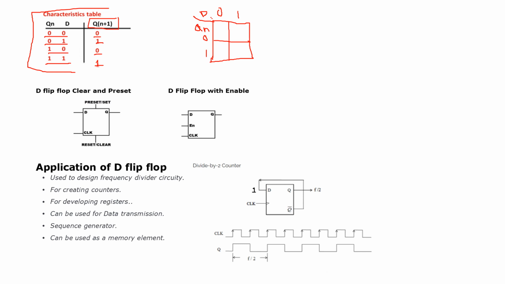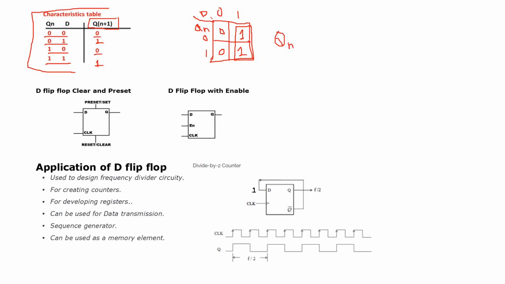For 0 0 it is 0, of course. For 0 and 1 it is 1. For 1 and 0 it is 0, for 1 and 1 it is 1. So K-map, again I will group this together, and I have already explained in the previous chapter.